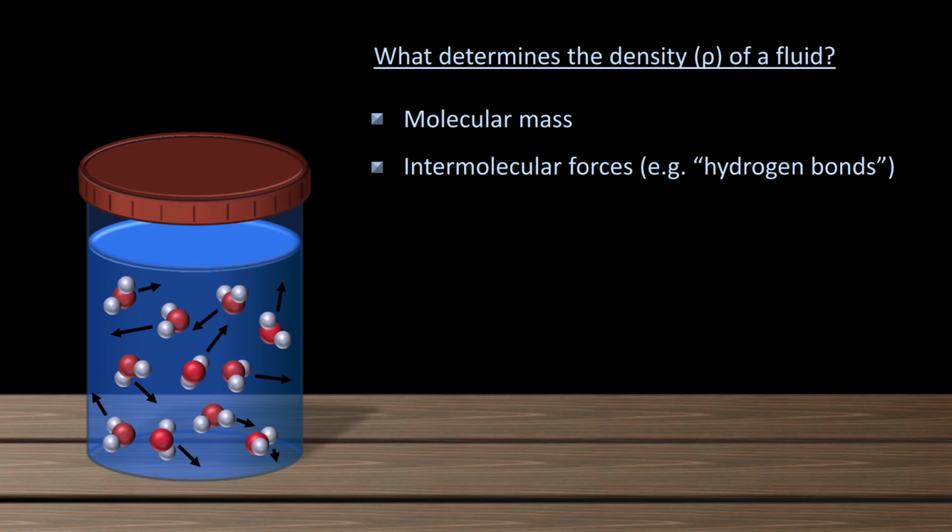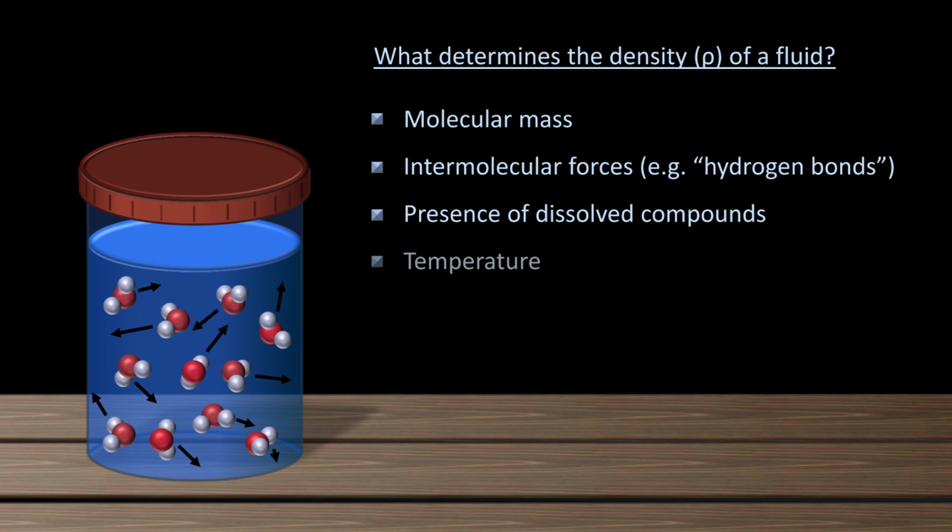Other determinants of density include the presence of dissolved compounds, as dissolving something like salt or sugar in water tends to impact the mass of the liquid much more than it changes its volume. Temperature also impacts density, with higher temperatures leading to lower densities and lower temperatures leading to higher ones. And finally, there's pressure.